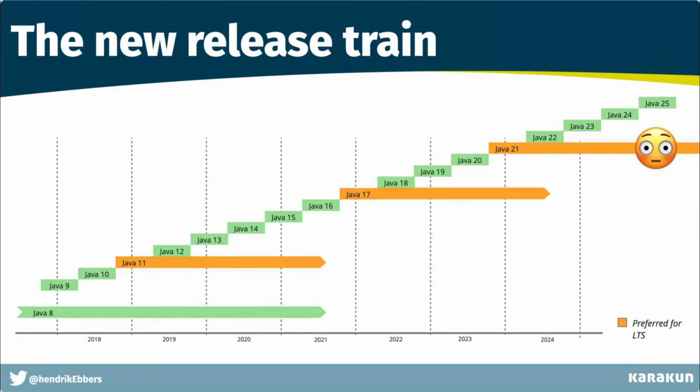So this means that not Java 23 will be the next LTS version, but Java 21 will be the next LTS version, and this will be released already next year. Yeah, we're just at the beginning of 22, but it will be released in the autumn of next year.